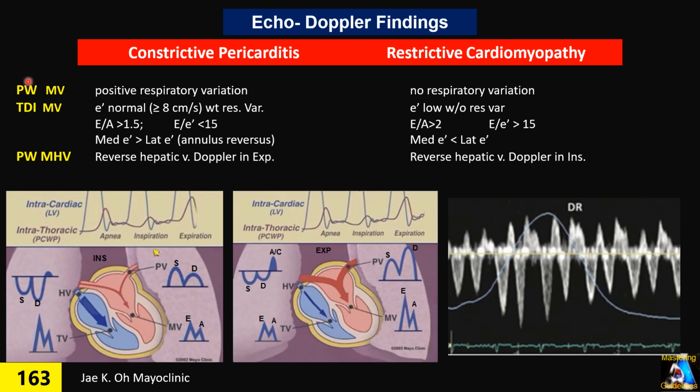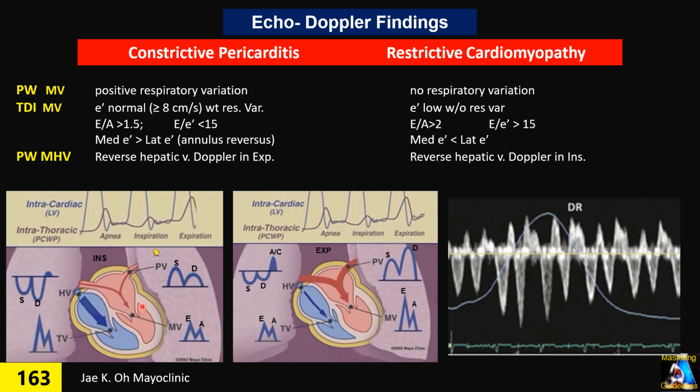As we know, the hallmark of constrictive pericarditis is equalization of the diastolic pressure in all four chambers. The stiff pericardium acts as a metal balloon that holds the heart, so diastolic pressure in all four chambers is almost equal.